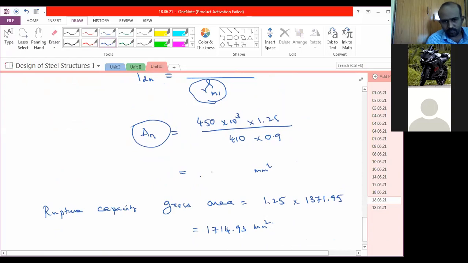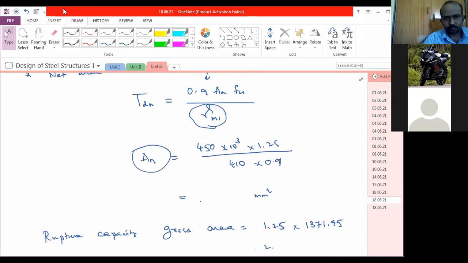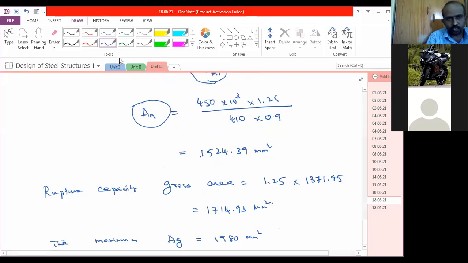What is the answer here? 1524.39 mm square. Now multiply by 1.25.